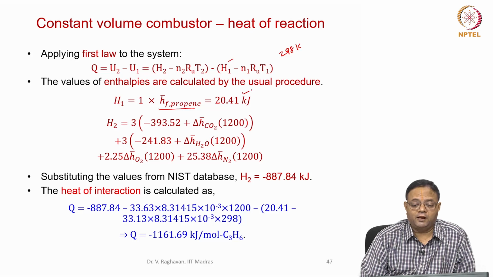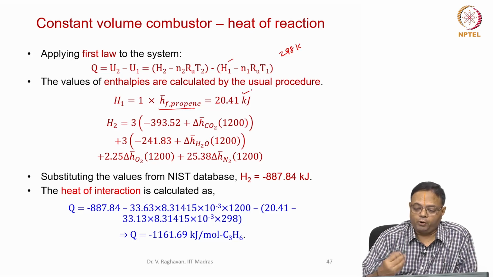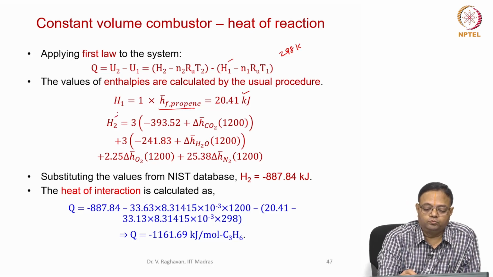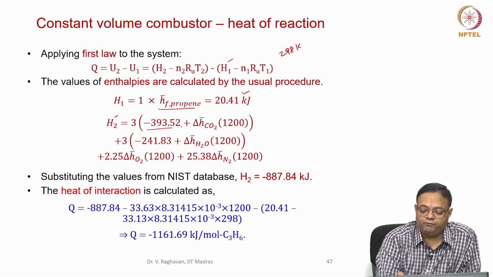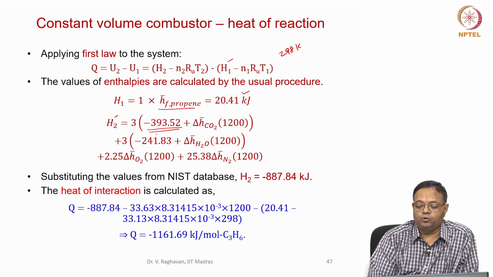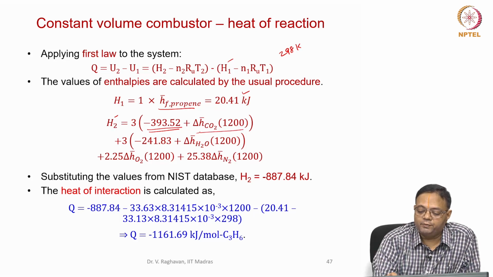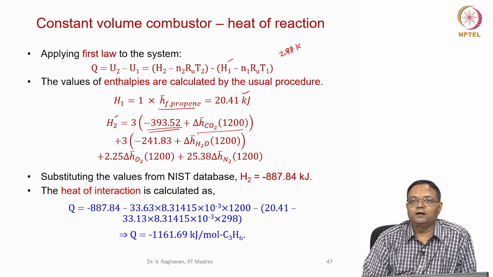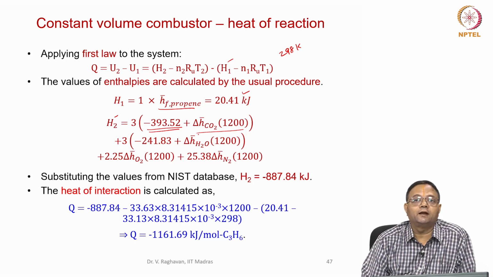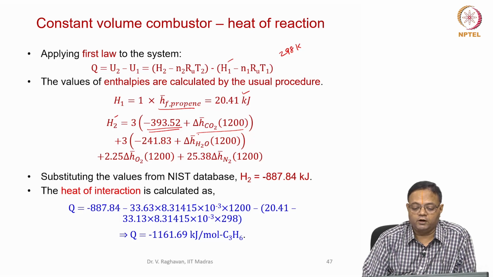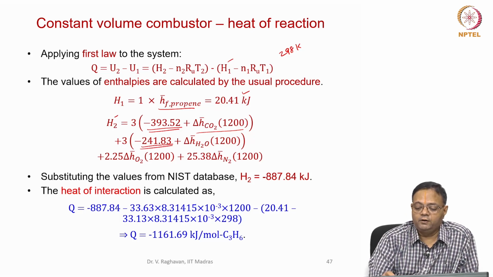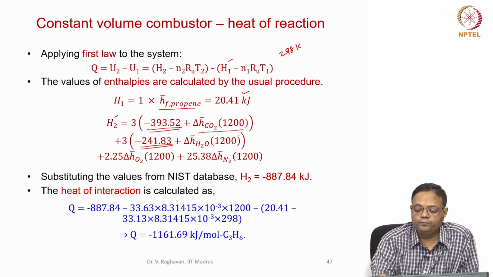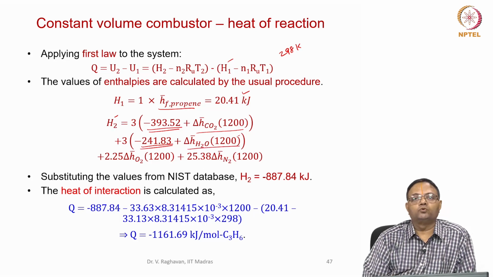Now the enthalpy of the products, H2, will be 3 times the enthalpy of formation of CO2 plus the sensible enthalpy of CO2, delta H CO2, as its temperature increases from 298 Kelvin to 1200, plus 3 times the enthalpy of formation of water vapor plus delta H H2O at 1200.